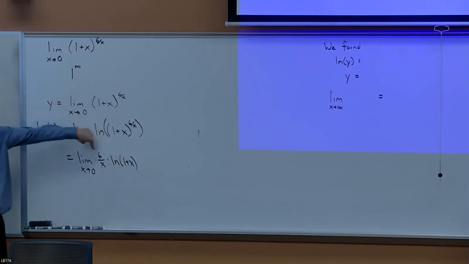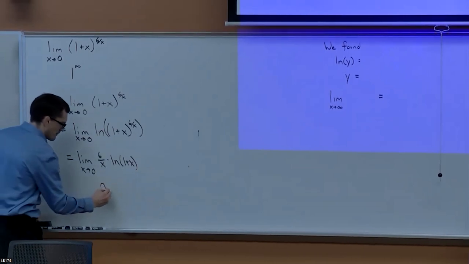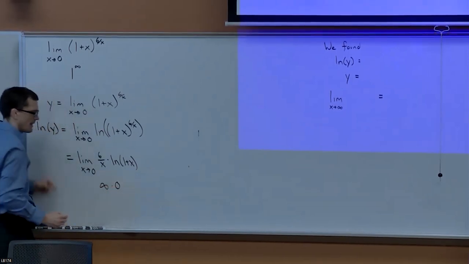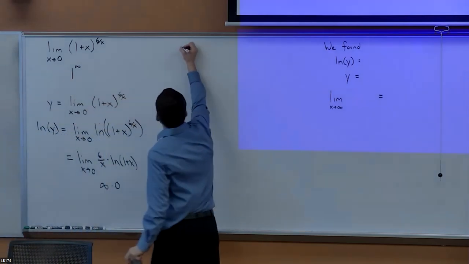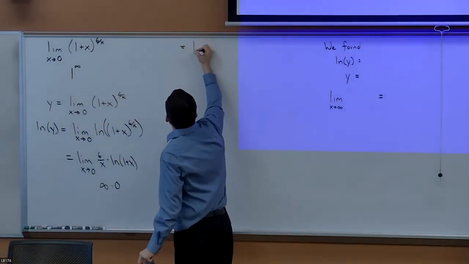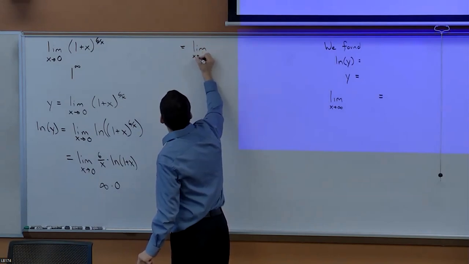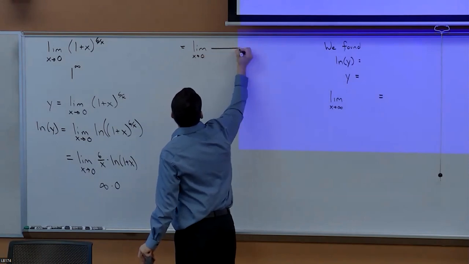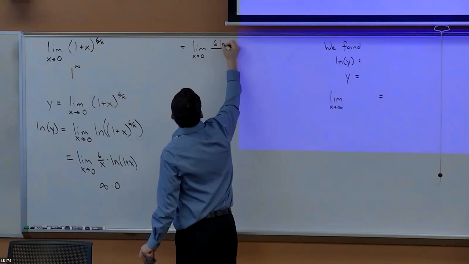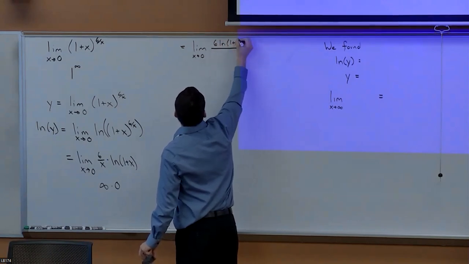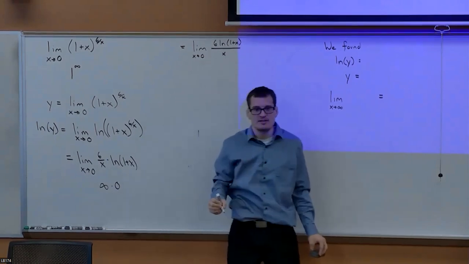Here, we have infinity times 0. The easiest way to rewrite that one is to keep the 6 in the numerator, natural log of 1 plus x in the numerator, and then just put the x in the denominator.